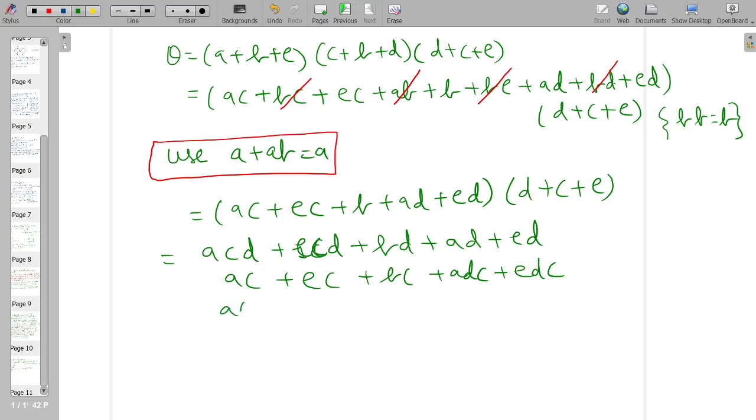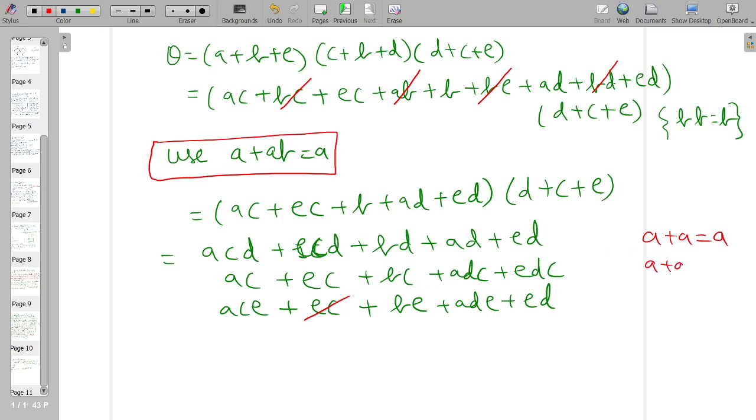Next one, ACE plus EC plus BE plus ADE plus ED. Okay, so as usual, EC plus EC is EC, I can remove it here.